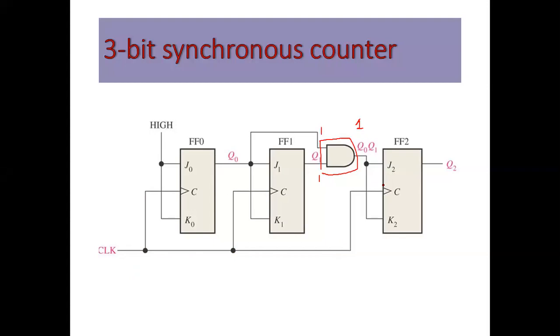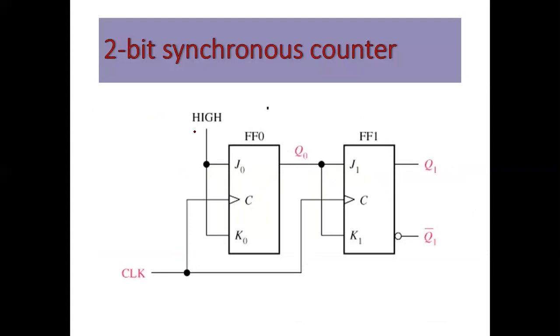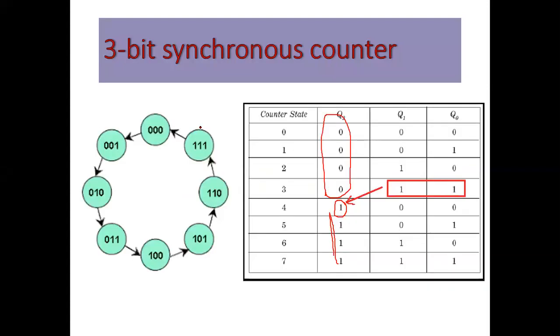Yes, the logic is very simple. For the 2-bit counter, there is no change at all. Just apply the clock to all the flip-flops, connect J and K together and tie that to 1. Here, we need to introduce a logic. When these two are 1, put them into that AND gate and make that 1, so that will be connected to the next flip-flop.